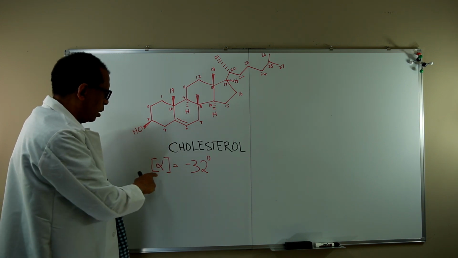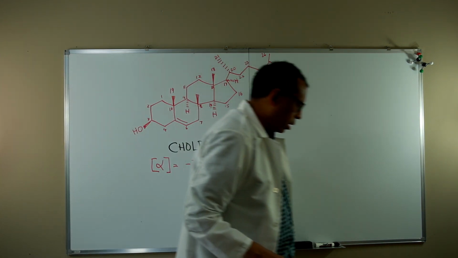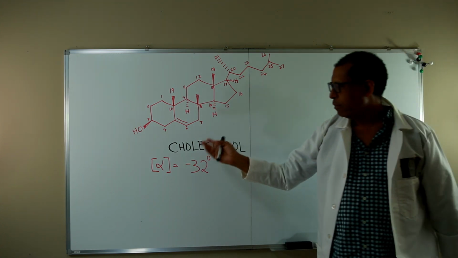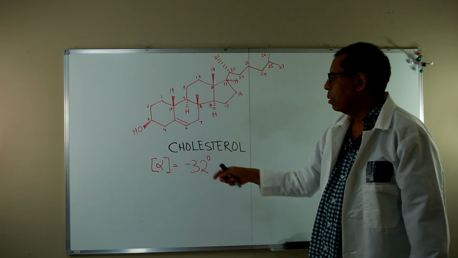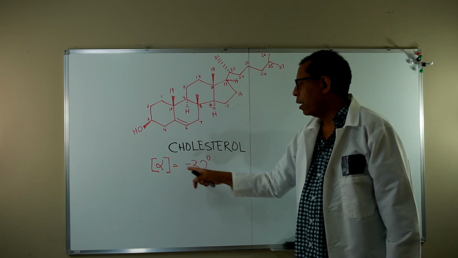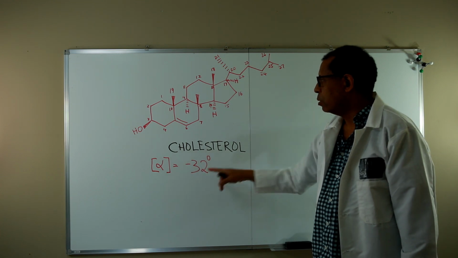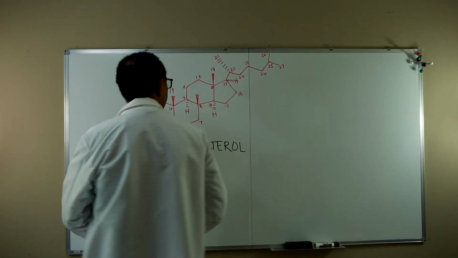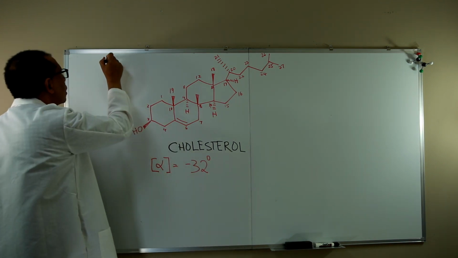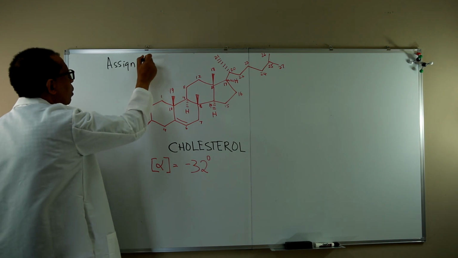Pure cholesterol has a specific rotation of -32 degrees. That means it's active. The polarimeter measurement gives you an optical rotation of -32 degrees. So in this problem you have to locate stereocenters.